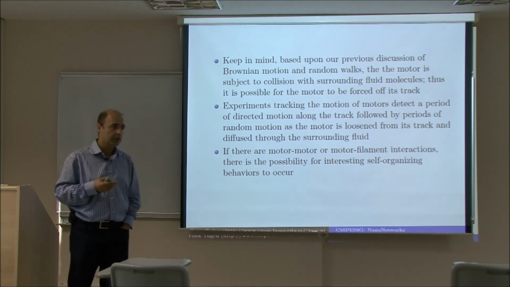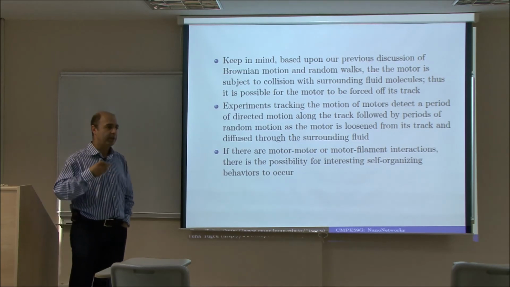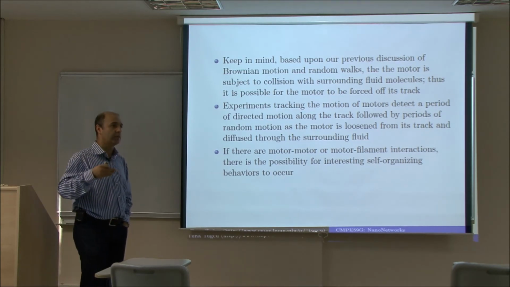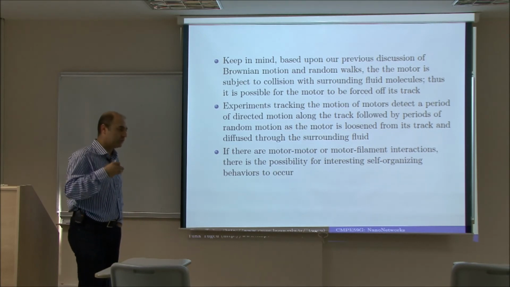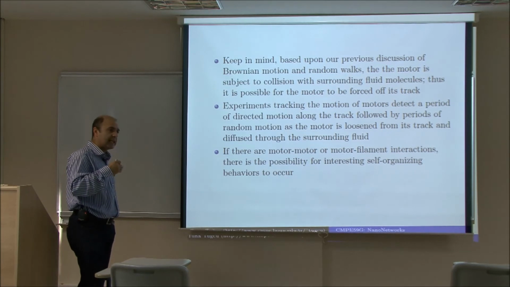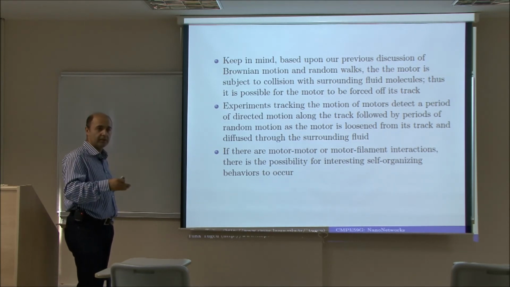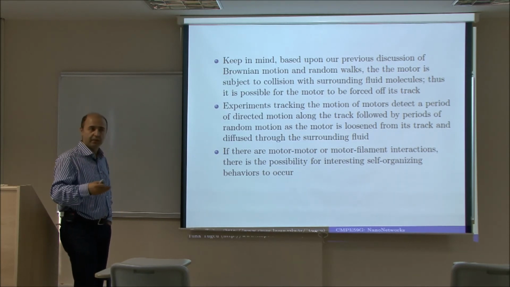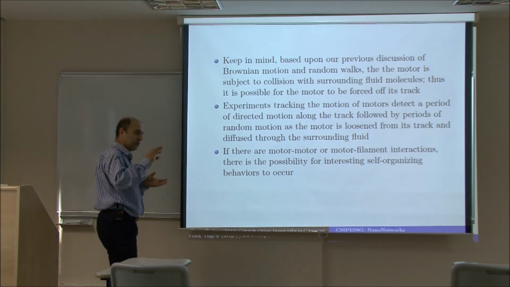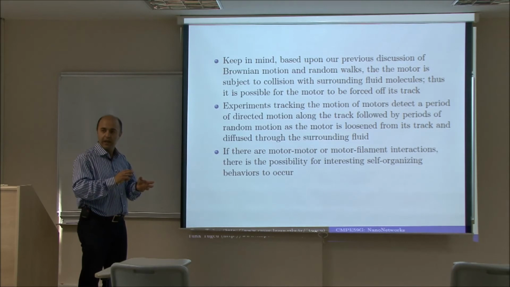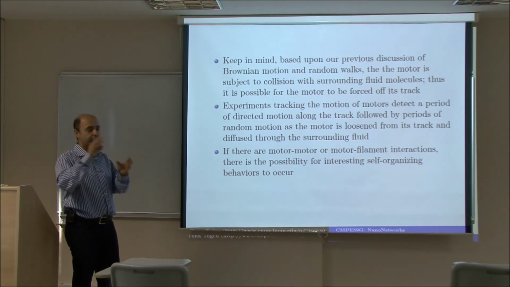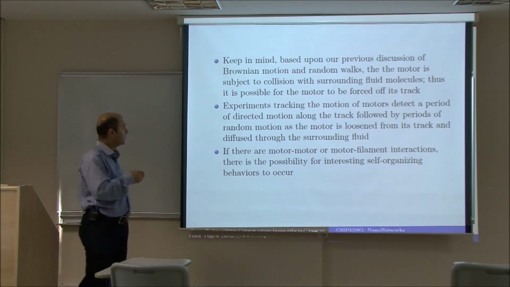All those molecules will just be hitting the molecular motor and mostly the large cargo it's carrying. And these collisions may cause the molecular motor to get detached from the rail, in which case the molecular motor and its cargo will be floating in the cytoplasm. And during that floating operation, it's again subject to the Brownian motion.